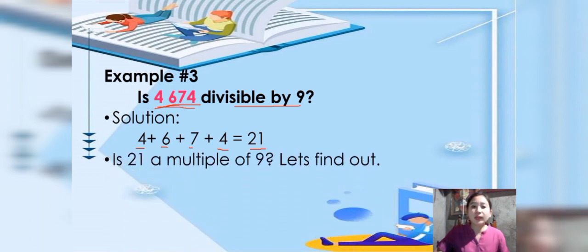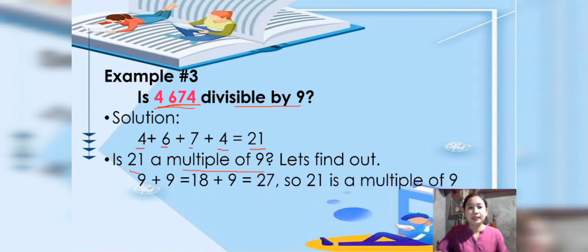Is 21 a multiple of 9? Let's find out. 9 plus 9 is 18. 18 plus 9 is 27. So, 21 is not a multiple of 9.